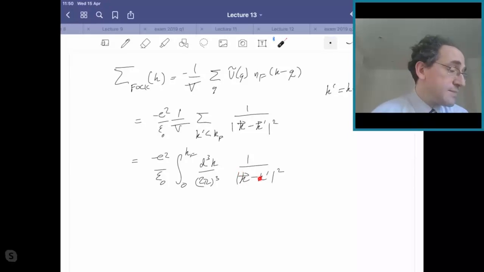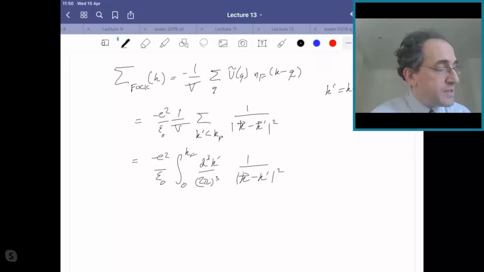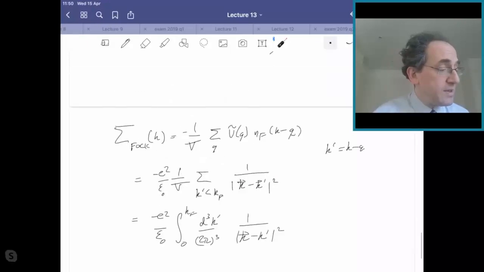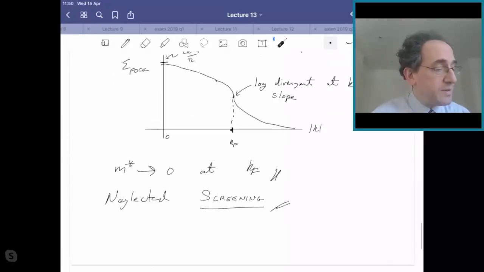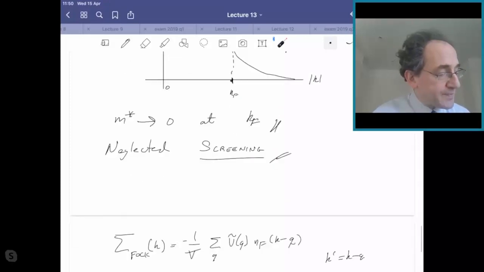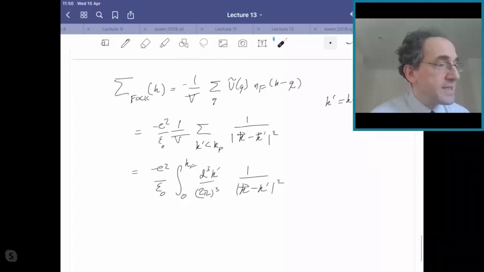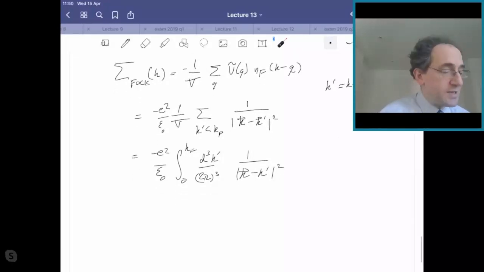It's fairly obvious that for large k this is going to decay, which is what we drew up here. But the thing that isn't obvious is the log divergence at kF.